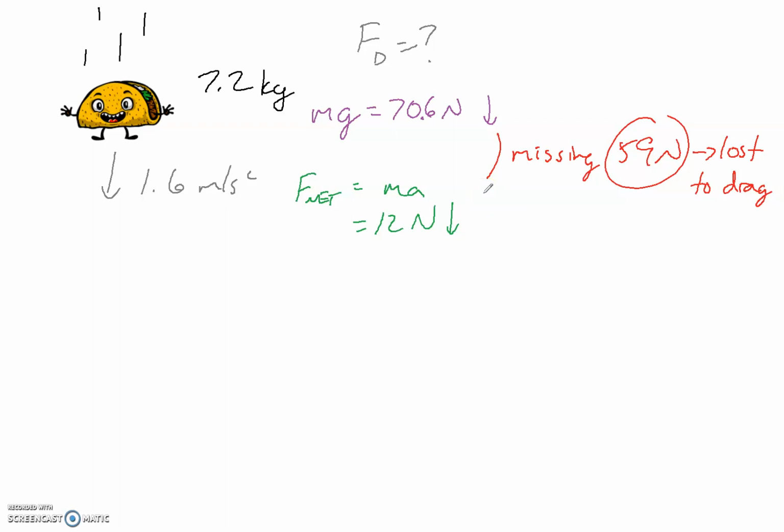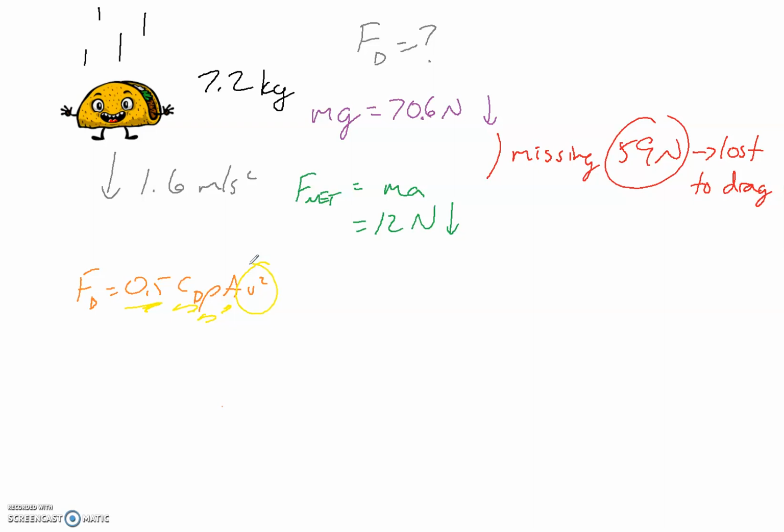Now, if we look at it a little differently, if we go back to that expression that I showed you guys before, 0.5 C_D rho A v squared, as the taco falls and keeps falling, this stays the same, this stays the same, this stays the same. All these stay the same except for the v. As he falls, his v keeps on getting bigger and bigger.